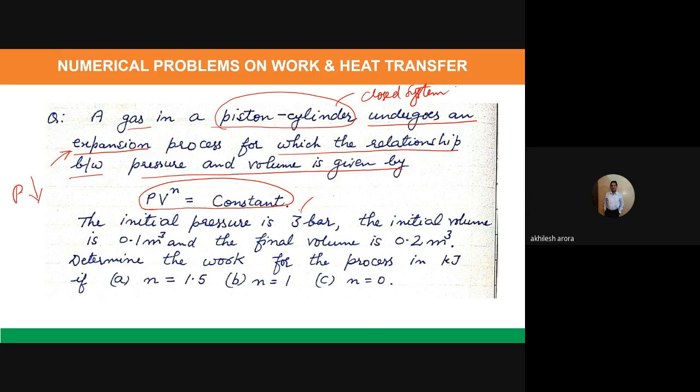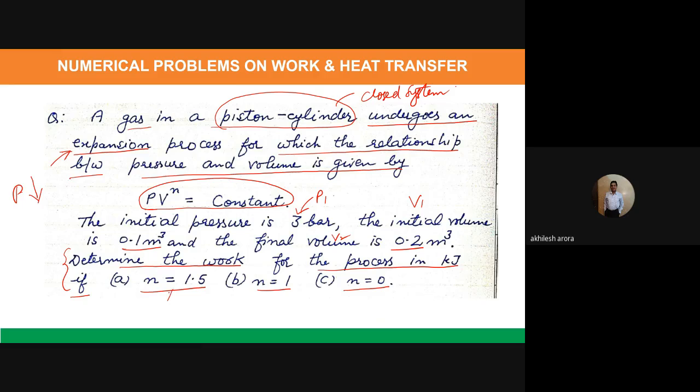The initial pressure P1 is 3 bar, initial volume V1 is equal to 0.1 meter cube, final volume V2 is equal to 0.2 meter cube, and we are asked to calculate the work for the process in kilojoules if the value of n is equal to 1.5, n is equal to 1, and n is equal to 0.